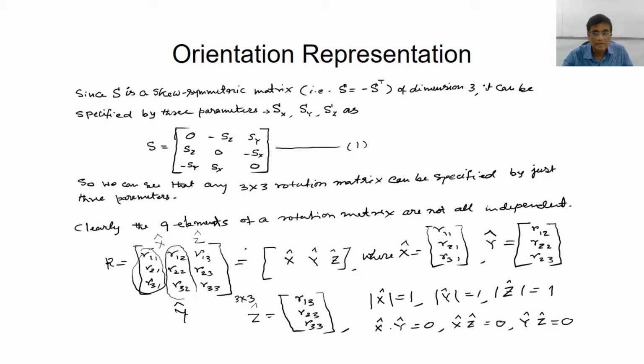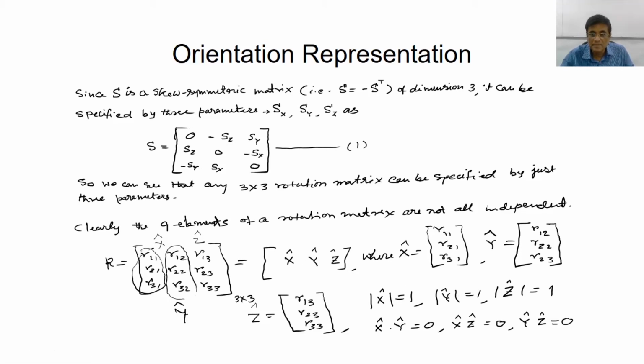So now I am putting constraints. You see there are 6 constraints now. You can check that the magnitude of this vector, R11, R21, R31, is 1.